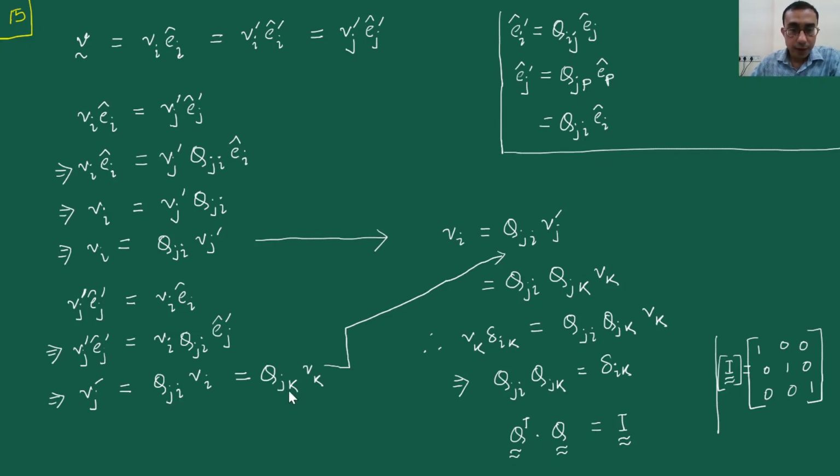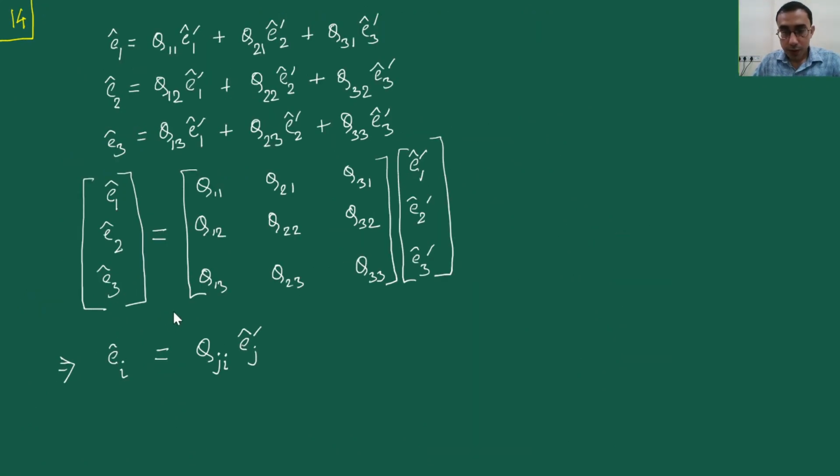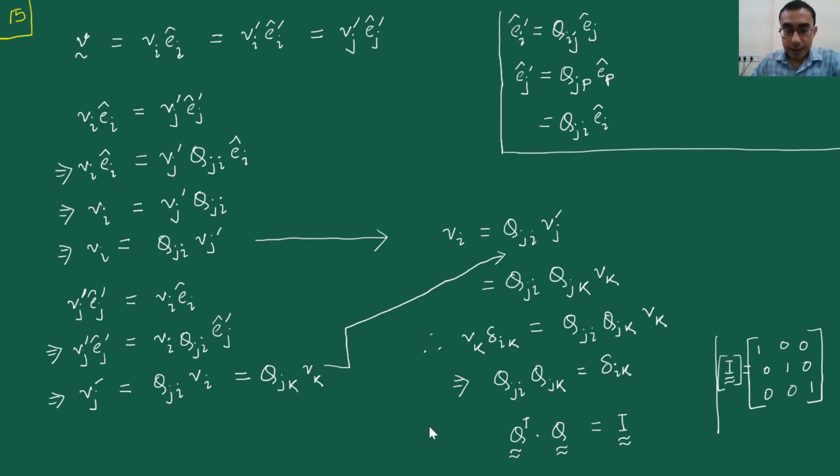So you see, we have not only connected the vector representation. So let me go back to this figure. We have not only managed to connect the vector representation in these two coordinate axes, but in the process we have also managed to find out that the transformation matrix Q, this Q is the second order tensor by itself, and in the matrix representation it is referred to as the transformation matrix.